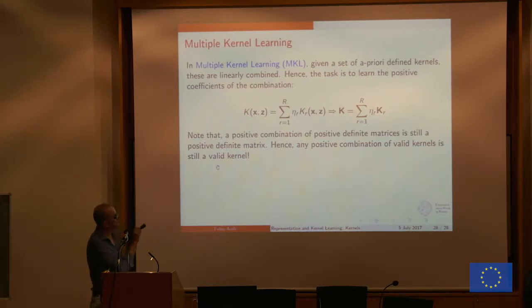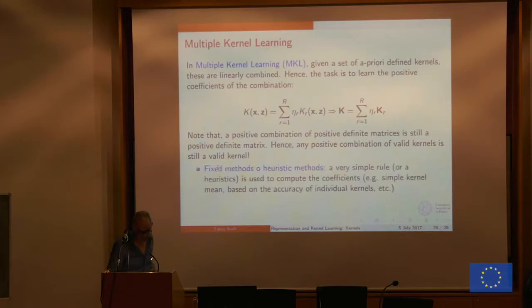So basically any positive combination of kernel matrices, of kernel functions, is a valid kernel. So this is a very general way to build new kernels based on existing ones. There are many different methods.